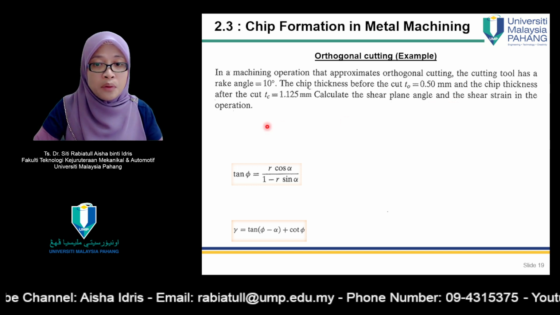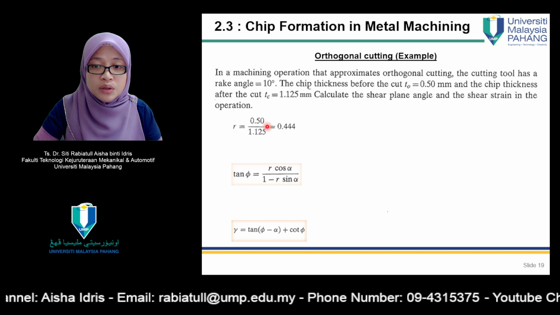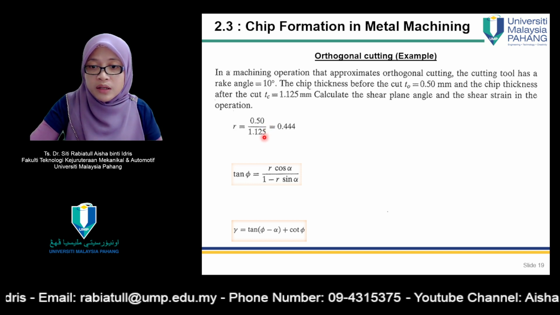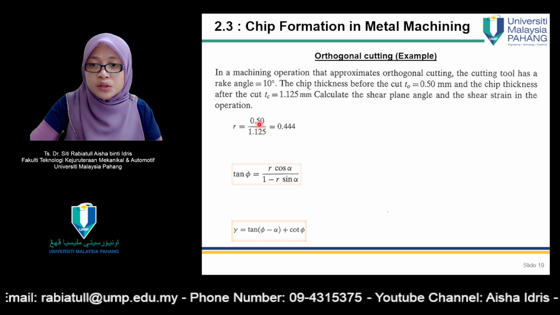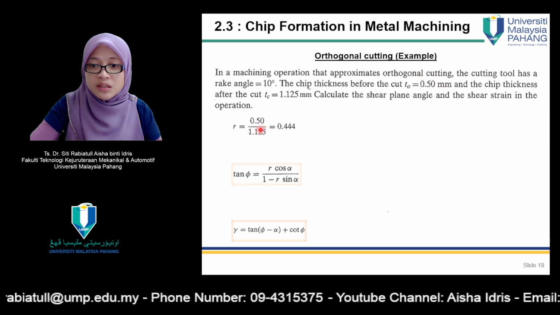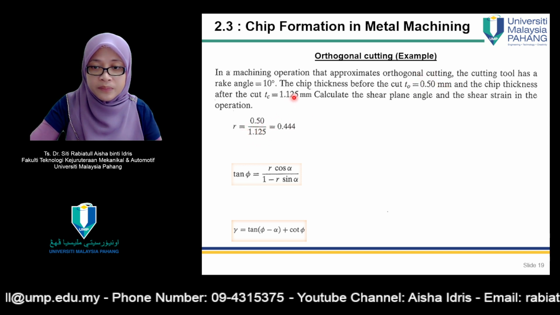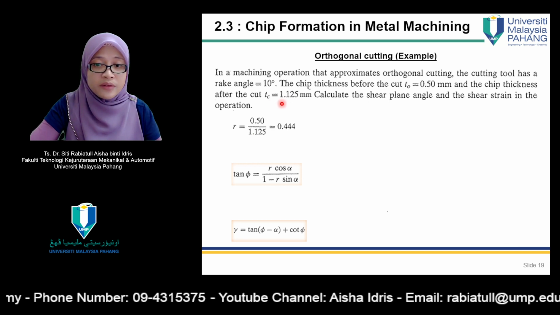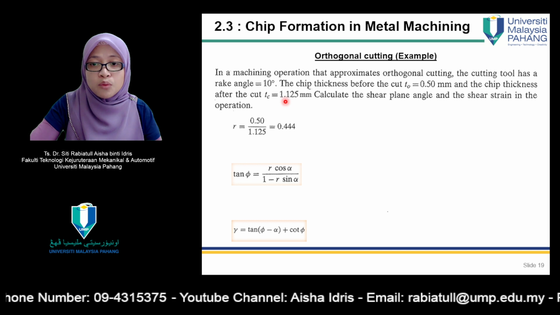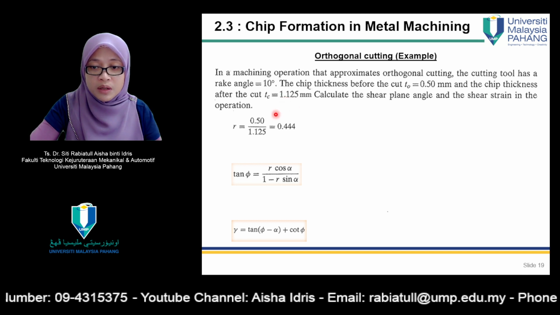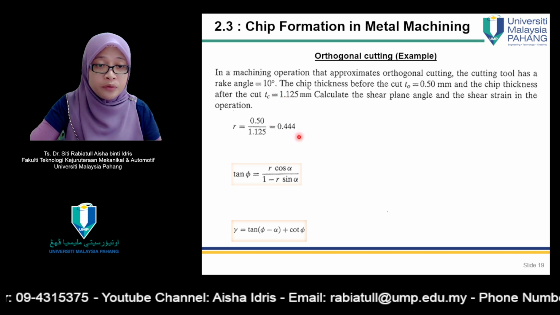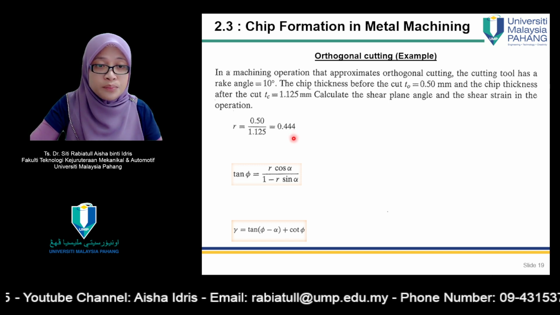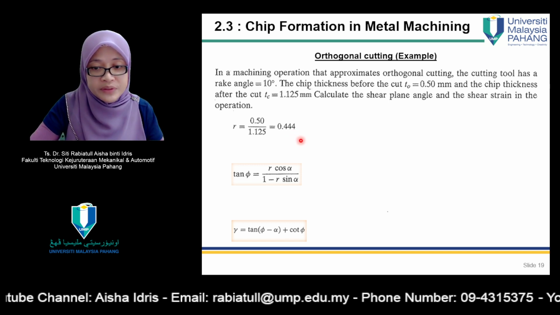So first of all, you need to calculate the value of r. r equals 0.5, the initial thickness, divided by tc, the thickness after the operation, 1.125 mm. So r equals 0.4. And remember again, the ratio r must always be less than 1.0.